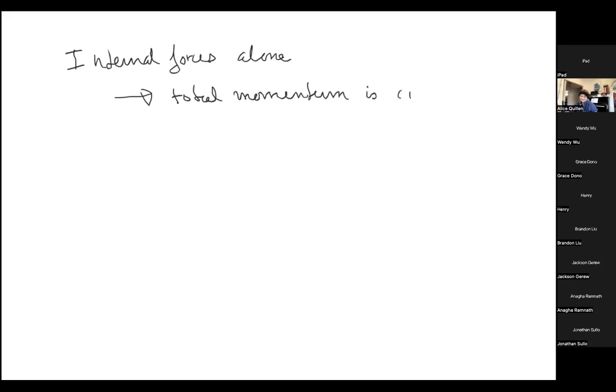That means this translational kinetic energy is conserved. Usually when you talk about kinetic energy, you're working with non-relativistic things, but the statement that the total momentum is conserved when you have internal forces alone is perfectly correct in a relativistic setting.